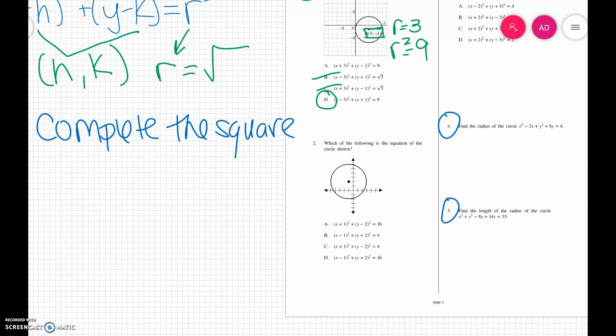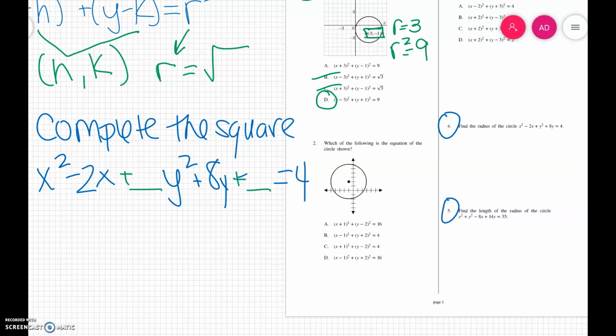In order to complete the square, we will have to take our equation and add a number next to the x and next to the y. If you remember, whatever we do on the left side, we're going to do on the right side.